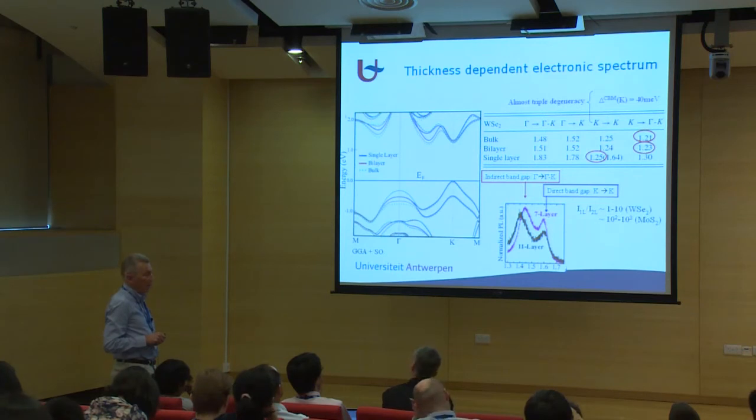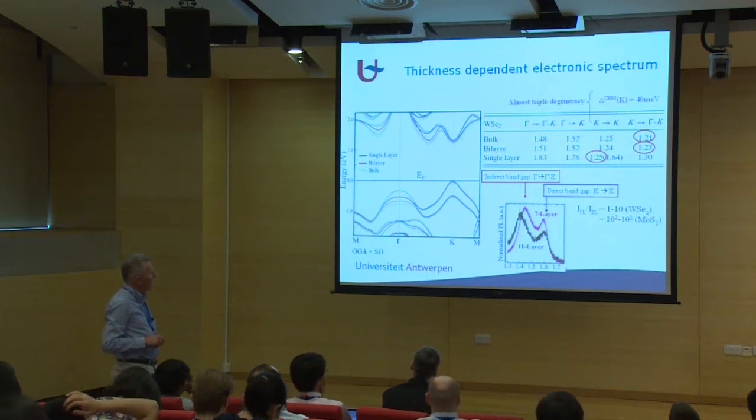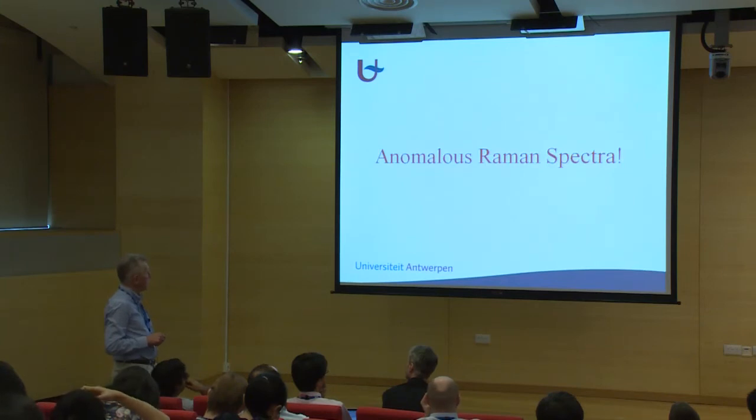Okay? So in molybdenum disulfide, you go immediately from a direct to an indirect band gap, while for tungsten selenide, life is softer, and it goes much more gradual.